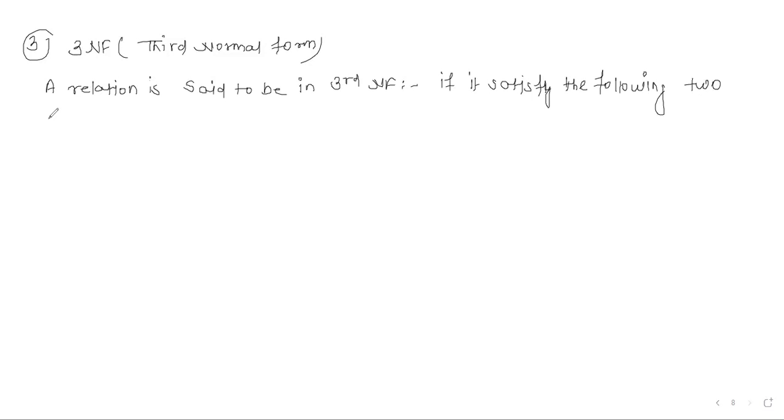And this is also called no transitive dependency. You know what is this? No transitive dependency.